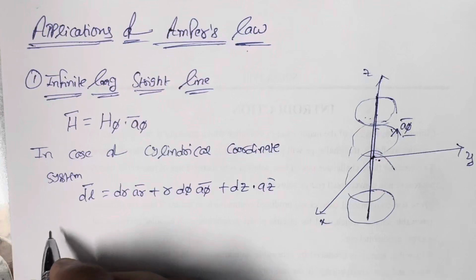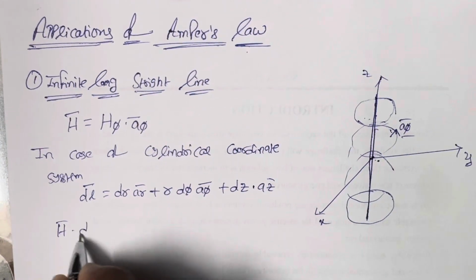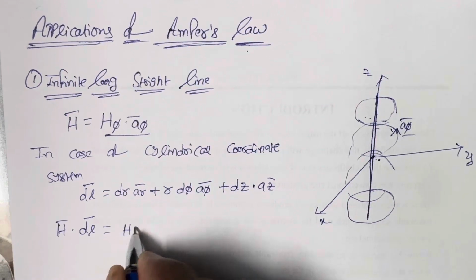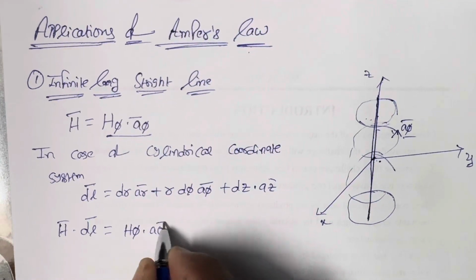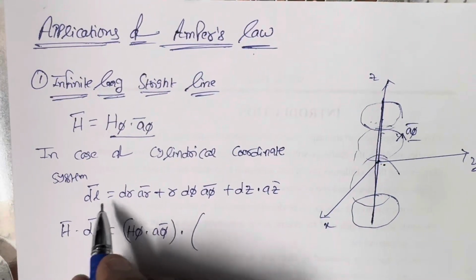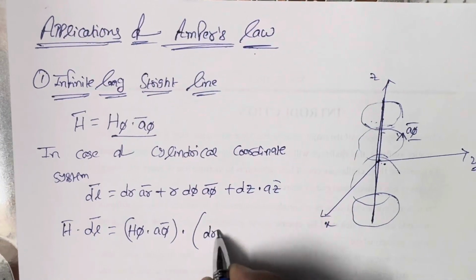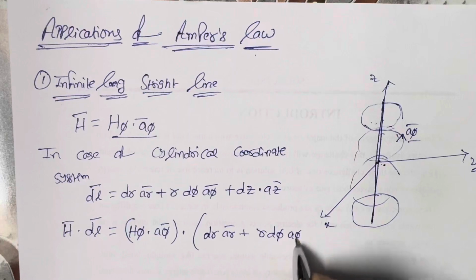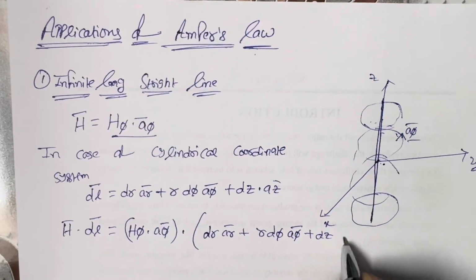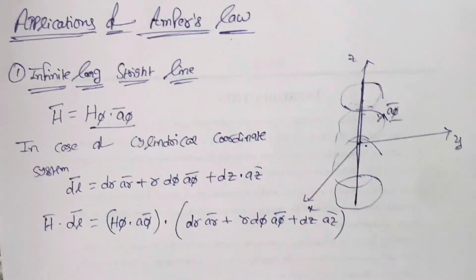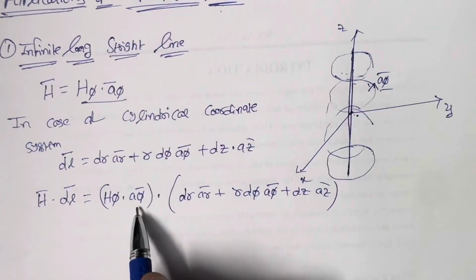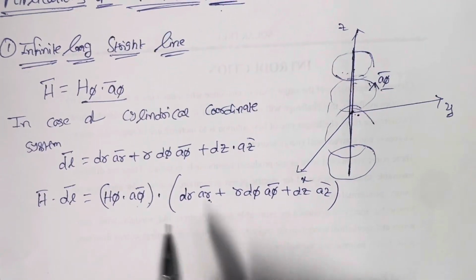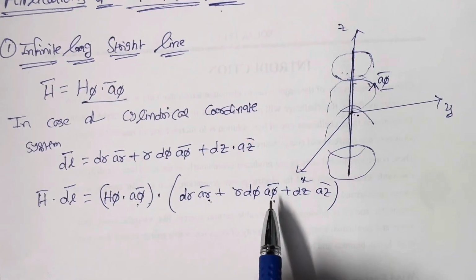Now I am taking H bar dot dl bar, that is H phi a phi bar dot dl bar, which is dr ar bar plus r d phi a phi bar plus dz az bar. Now look here: a phi dot ar is 0, a phi dot a phi is 1.